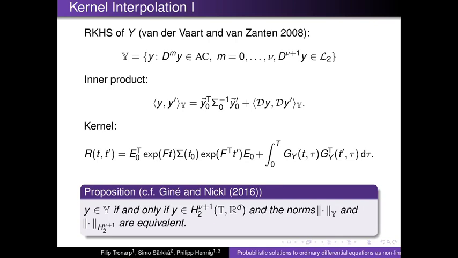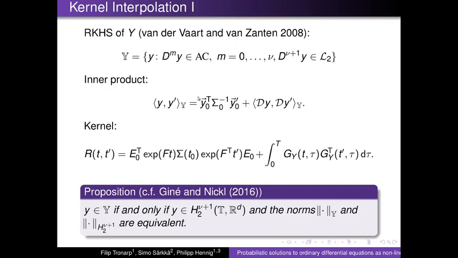Now, the reproducing kernel Hilbert space of Y can be shown easily from results from, for example, van der Vaart and van Zanten, to be this space. So the first ν derivatives of Y are absolutely continuous, and the ν plus first derivative of Y is in L2. And we have this inner product in the reproducing kernel Hilbert space.